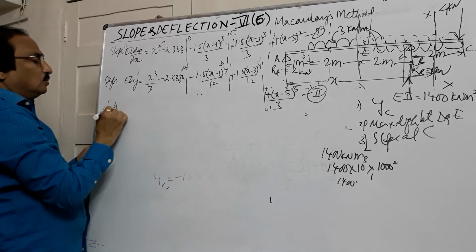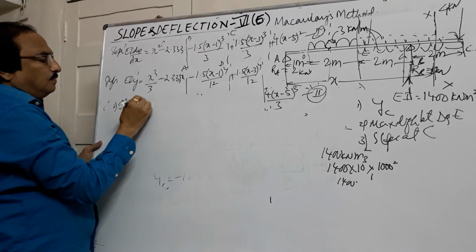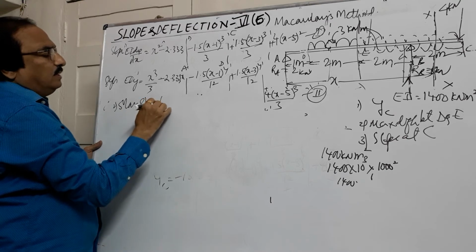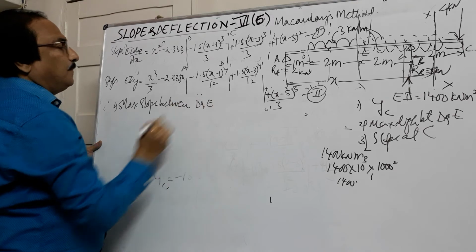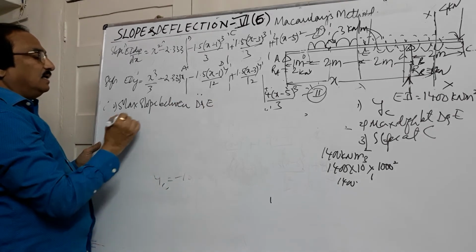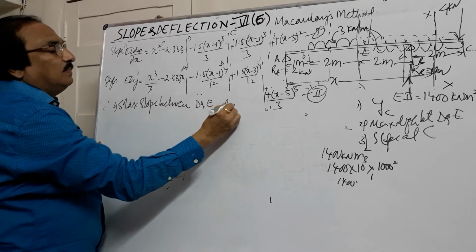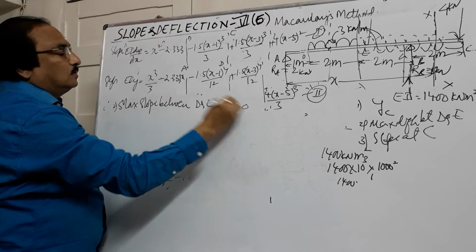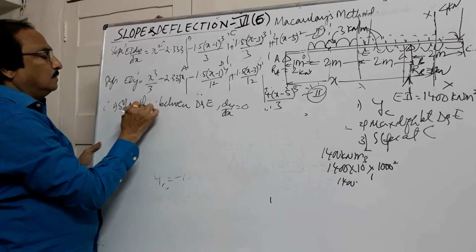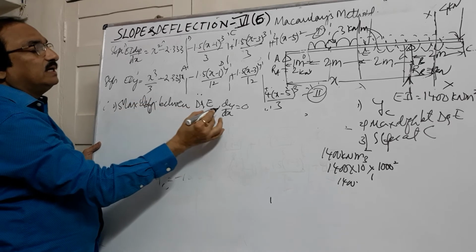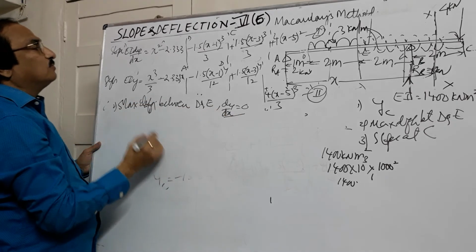So let us find out maximum slope between D and E, that is when dy by dx is equal to 0, maximum deflection between D and E is possible and slope is equal to 0.